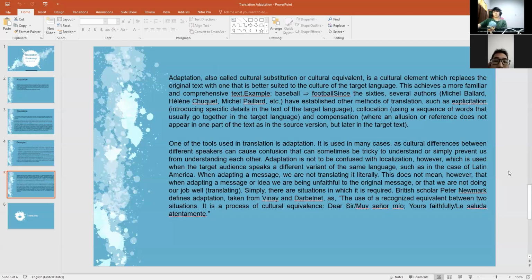The second, collocation, or using a sequence of words that usually go together in the target language. And compensation, where an allusion or reference does not appear in one part of the text as in the source, but later in the target text.